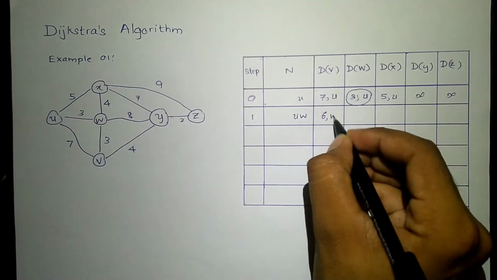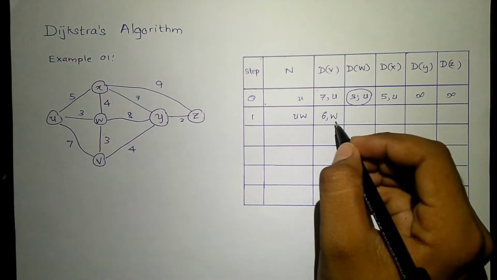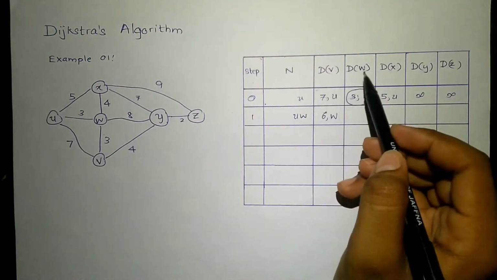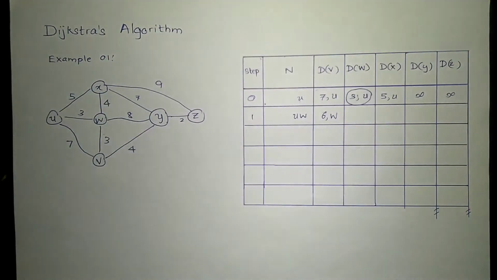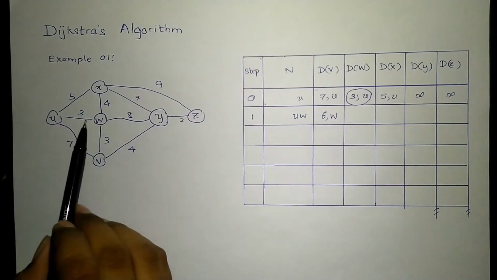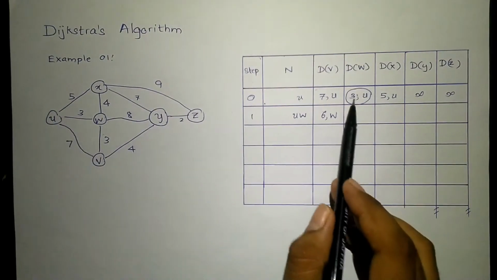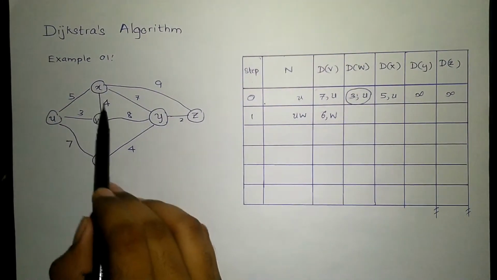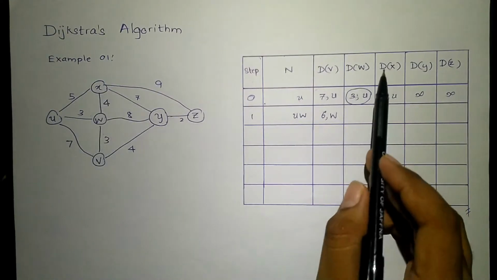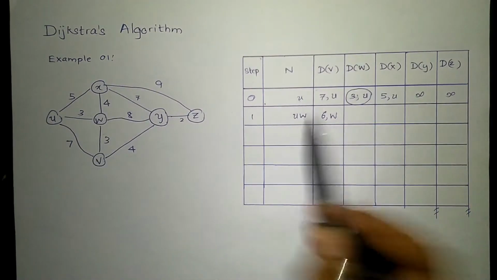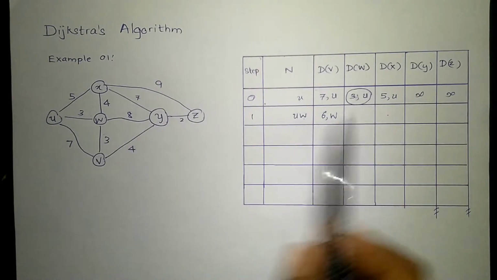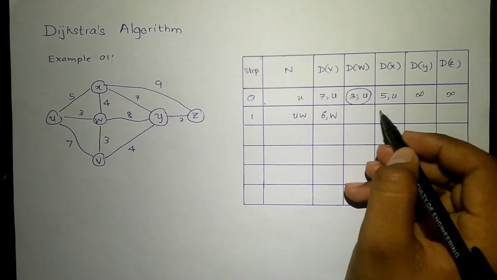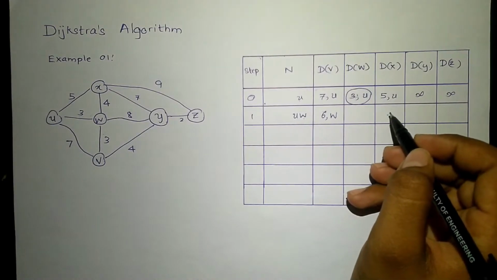So we write 6W. Likewise, coming from W, we go to X. Here you see the distance is 3, so 3 plus 4, W to X, comes as 7W.